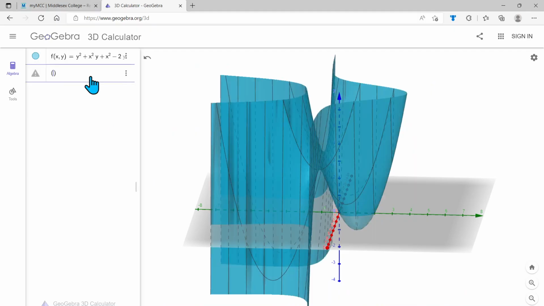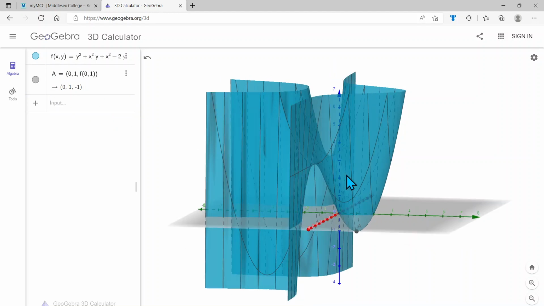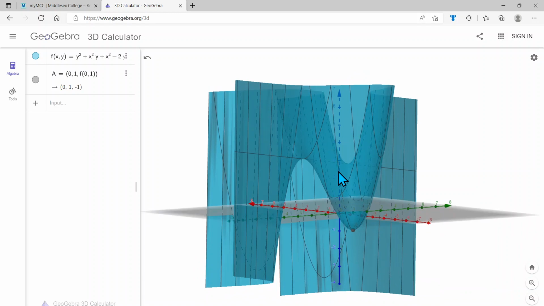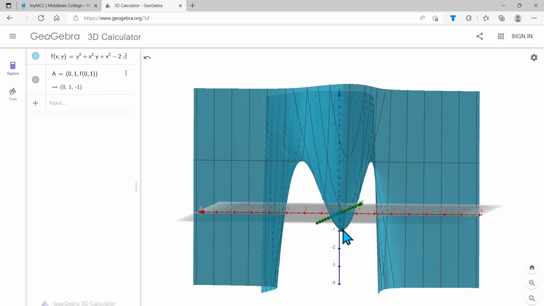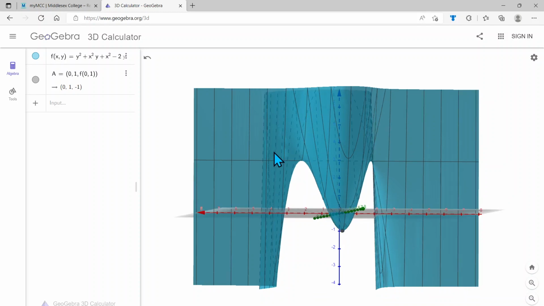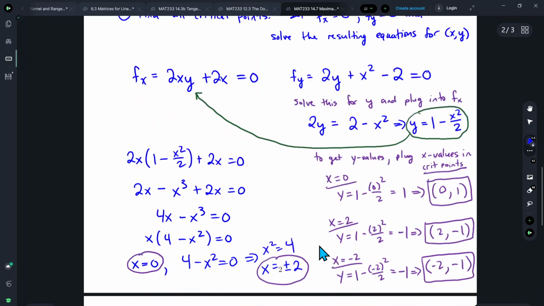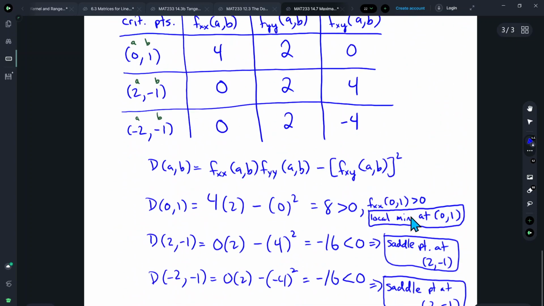The x coordinate was 0, the y coordinate is 1, but I also need the z coordinate. The z coordinate is just the function value, so f of 0, 1. Here, this is labeled the point A, and you can see that in the graph, the point A is located here, which is exactly where the local minimum occurs. That's exactly what we identified as the local minimum.